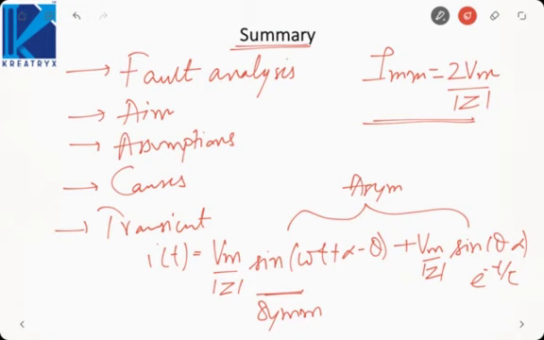So this is the general aspects of the fault analysis. In this, the transient analysis or transient on a transmission line is very important. Okay. So do remember this current expression for the GATE examination. In the next lecture, we will see how a synchronous machine reacts to a short circuit fault. What all physical phenomena occur in case of a synchronous machine. That we will see in the next lecture.